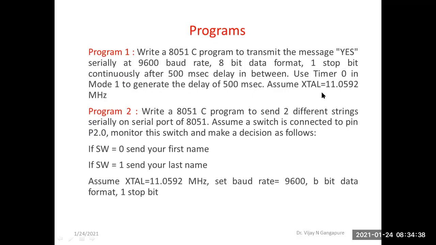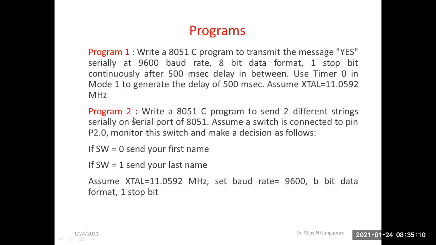The crystal should be 11.0592 megahertz, otherwise we cannot generate such a standard baud rate, that is 9600 bits per second. To generate such a standard baud rate, we have to use a crystal of 11.0592 megahertz, that should be connected between the X1 and X2 pins of 8051. So this is the first program, to transmit the message YES continuously with 500 millisecond delay in between.